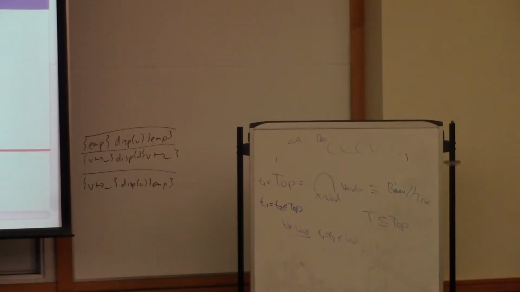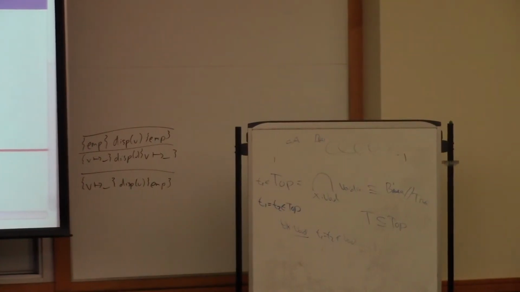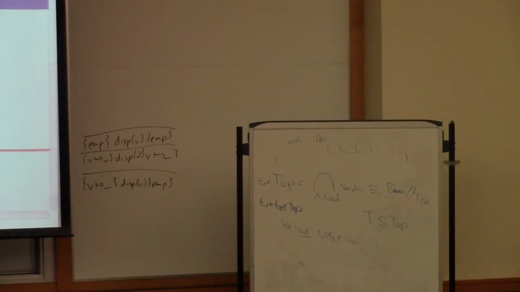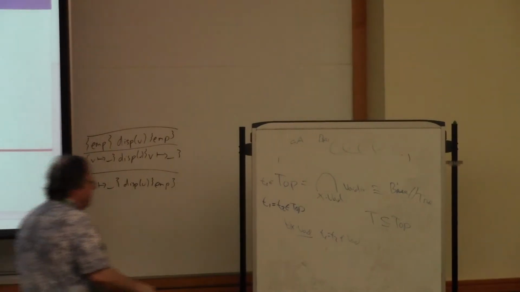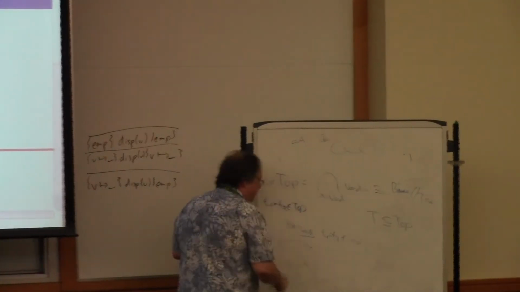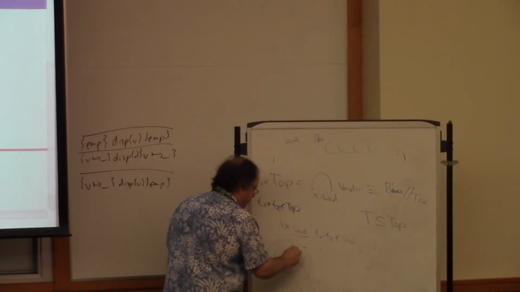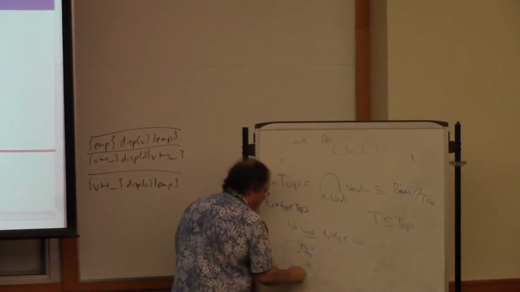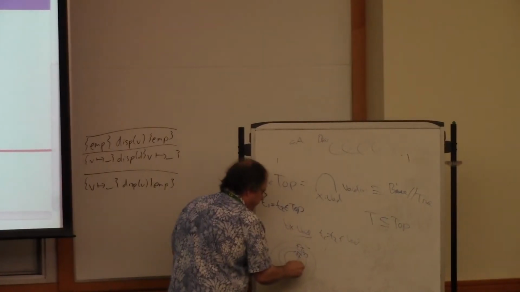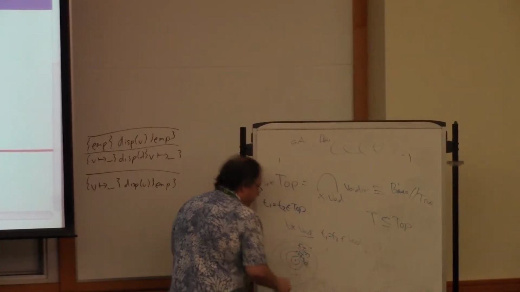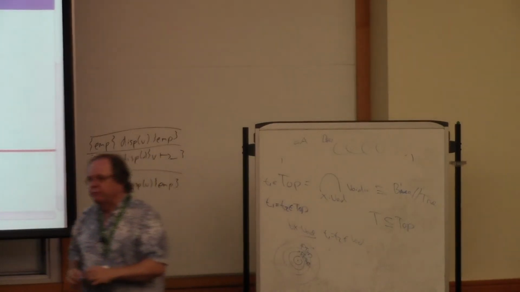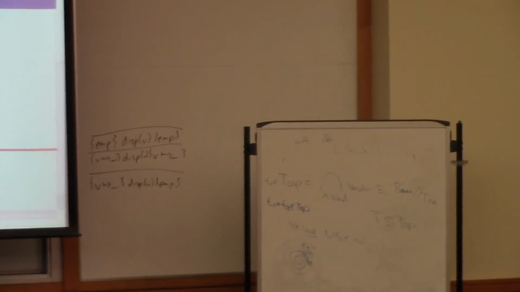So as you apply f from top, you're just possibly going down. You're getting a chain of types. Here's top as a big type, and here's f of top, and f of f of top, and so on. And if you intersect all of those, you get a type.